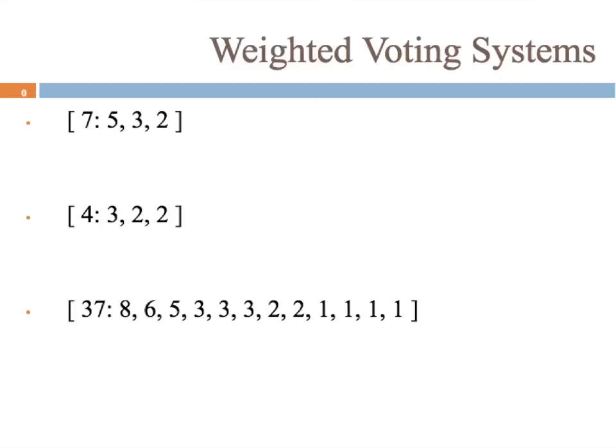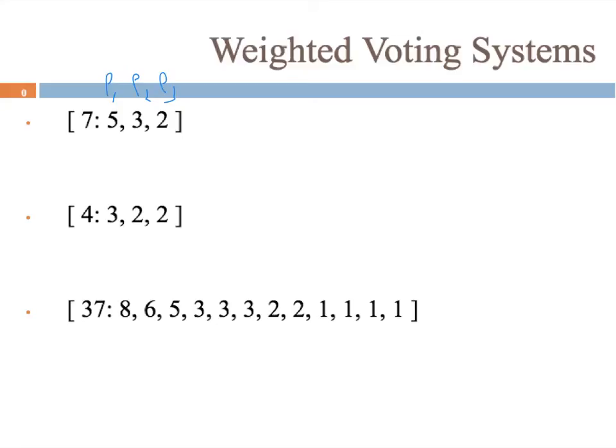Alright, so here's a few examples. These are just to see if you can identify the situation that's going on. In the first one, we have a quota of 7 votes needed. So notice that we have player 1, player 2, and player 3 here. And it's going to be pretty crucial that we have player 1, but they can't win it alone.